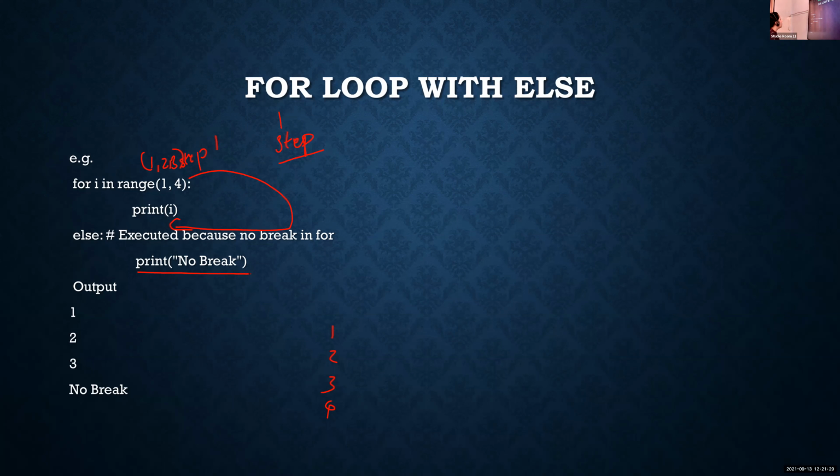So this is the else part that is used in for loop. In the case of for and while loop, we can use else. It is optional. If it is needed, you can use else for giving a break statement, or just like no break, just any message we can give using this else.